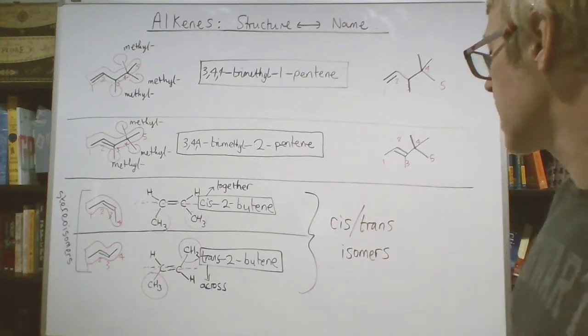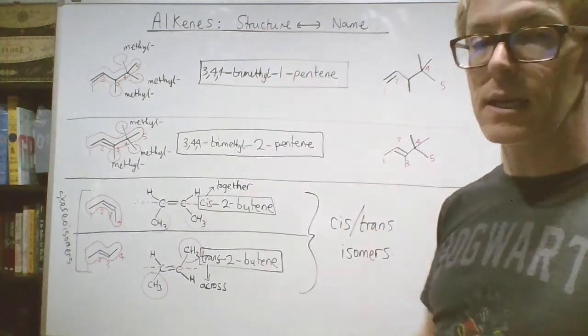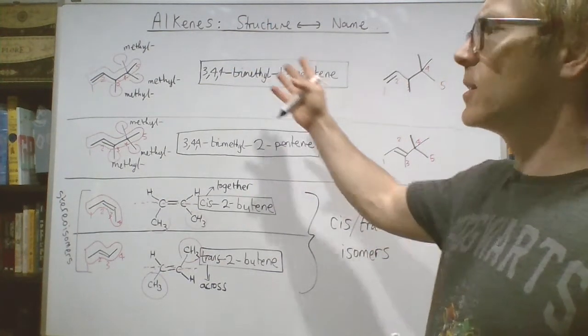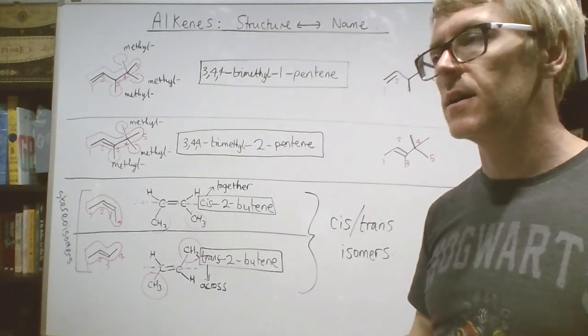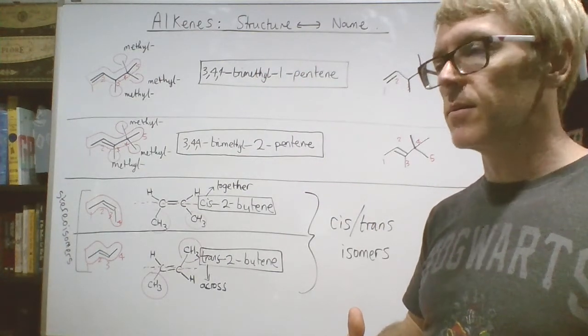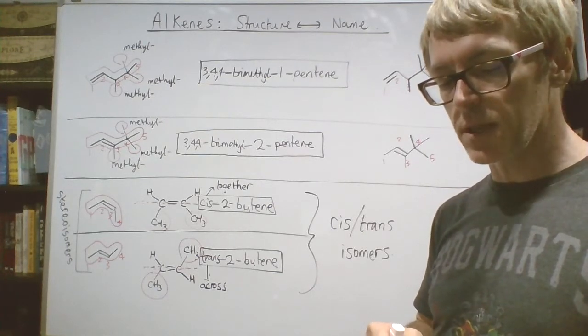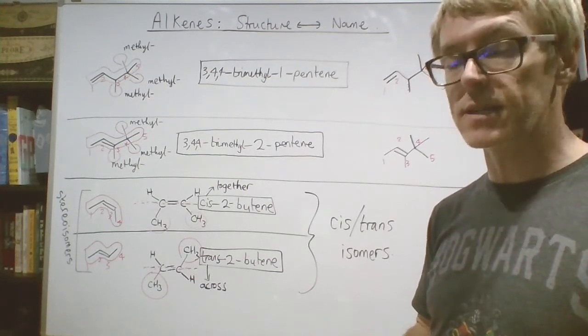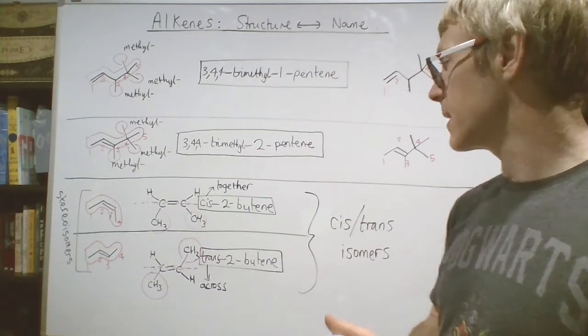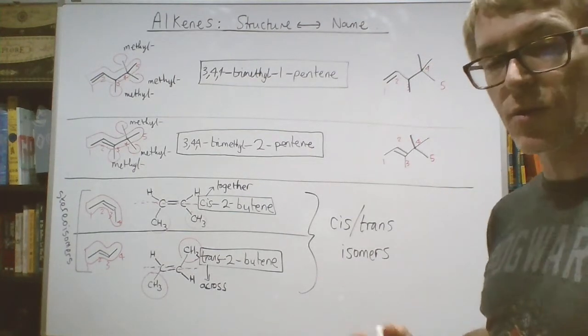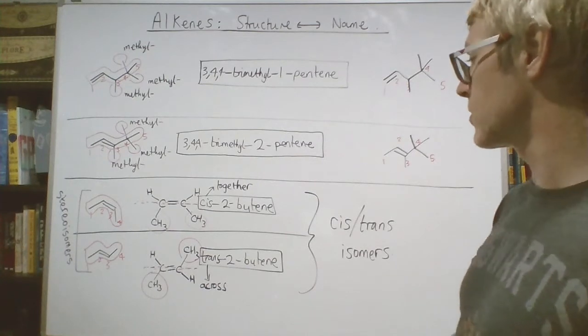So cis-trans isomers apply only to alkenes. There are lots of alkenes in biology. Biology makes extensive use of alkene chemistry, so there are lots of cis-trans isomers in biology, in this type of course, this GOB chemistry course.